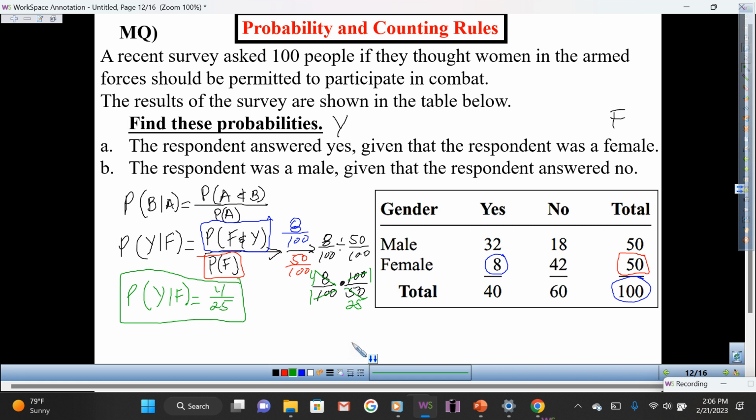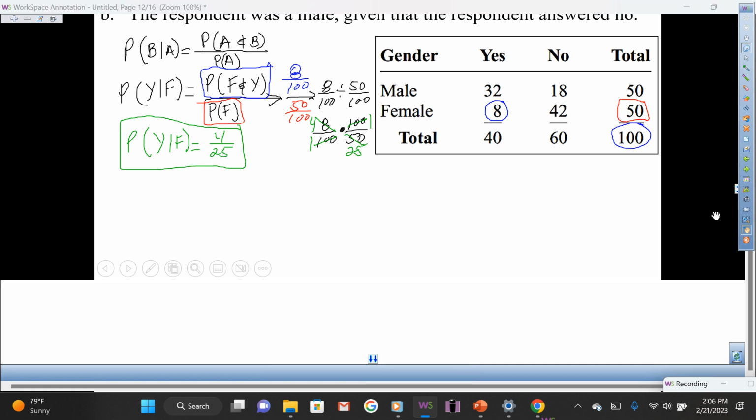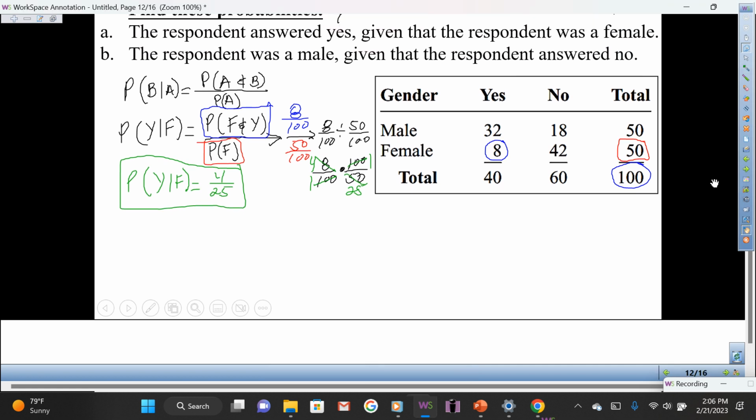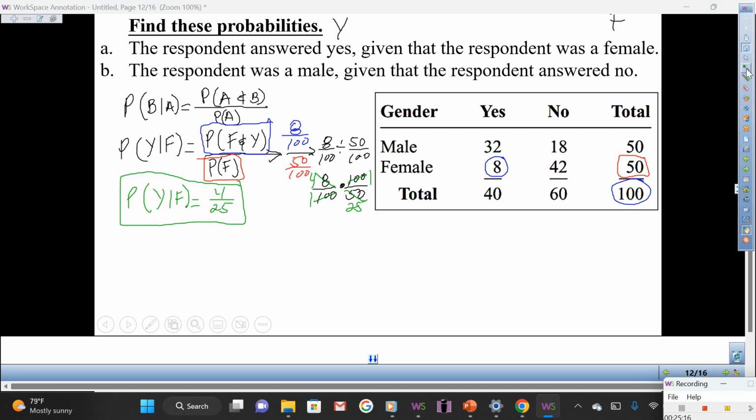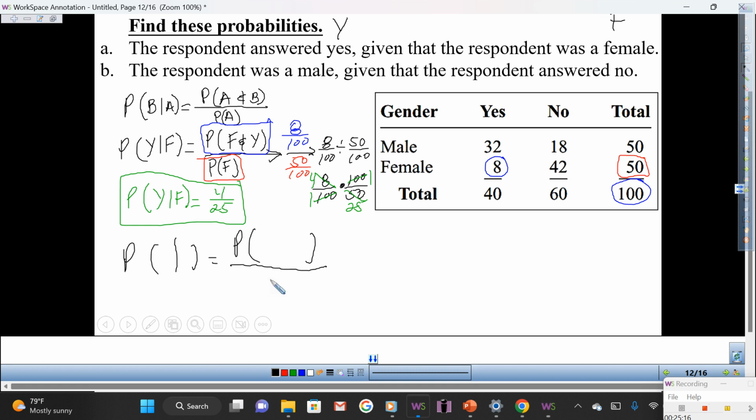So with that said, I want you to do part B by yourself. See what you get for that. Go. All right. So, tell me what to write, Zach. Now that we have our original formula there, what do I write now given this?